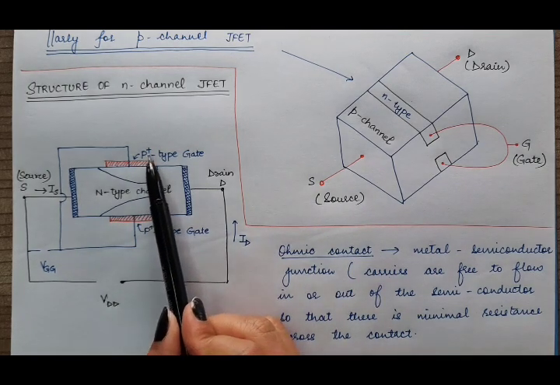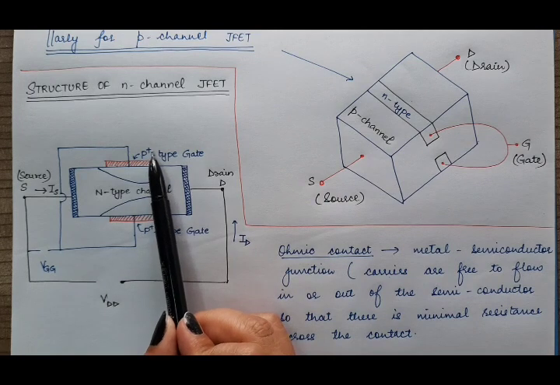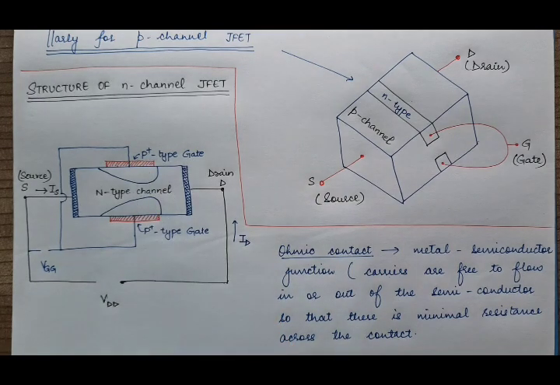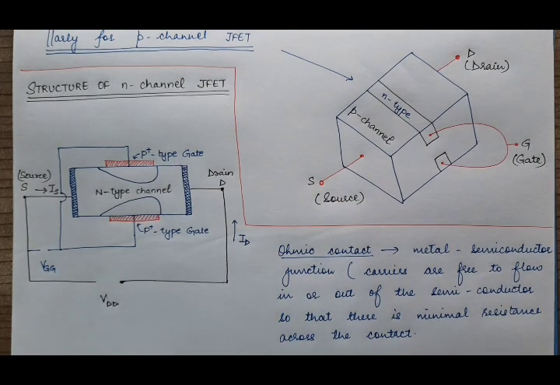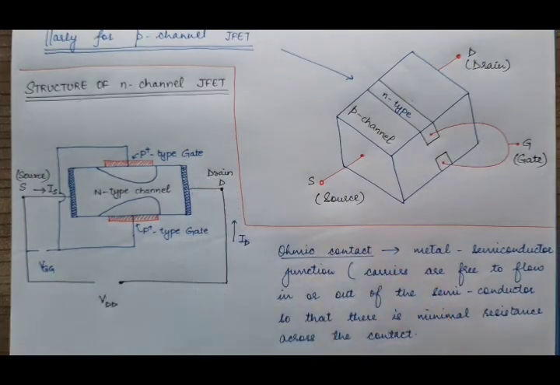So this positive sign means the amount of doping is high, and if here we have a negative sign, it means the amount of doping is low. If there is no negative or positive sign, it means the amount of doping is normal. So this means our gate terminal is heavily doped.